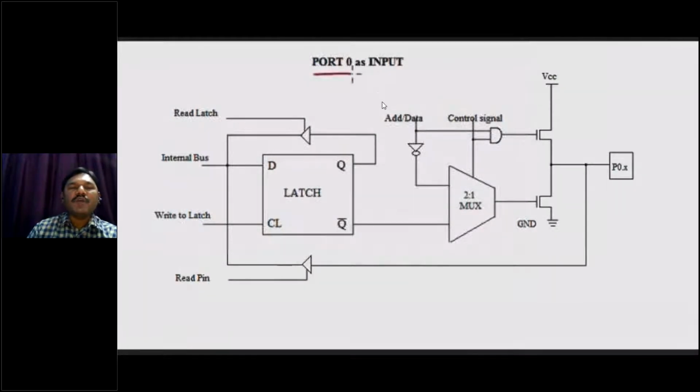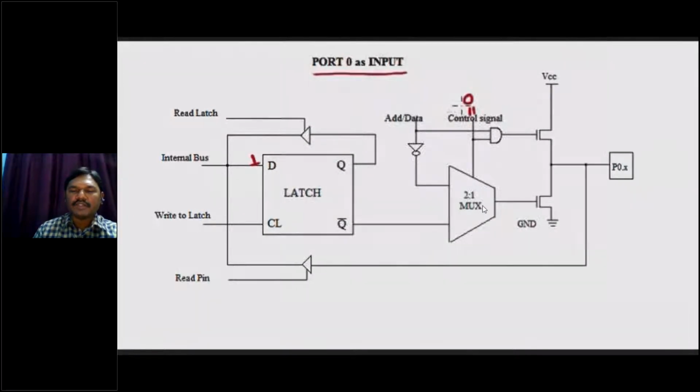Now we will see how port 0 is used for input and output operations. When it is used for output, we have to write 1. Then the control signal here must be 0 because it is connected to a 2 by 1 mux. A 2 by 1 mux requires one control signal selection line, with two input lines and one output.